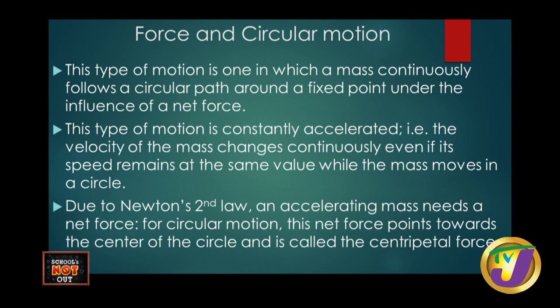So just imagine you having a ball with a string, you're spinning it around, like the hammer throw when they have field events in the Olympics or sports day, right? That's an example of circular motion. This type of motion is constantly accelerated. Why? The velocity of the mass changes continuously even if its speed remains the same value when the mass moves in a circle.